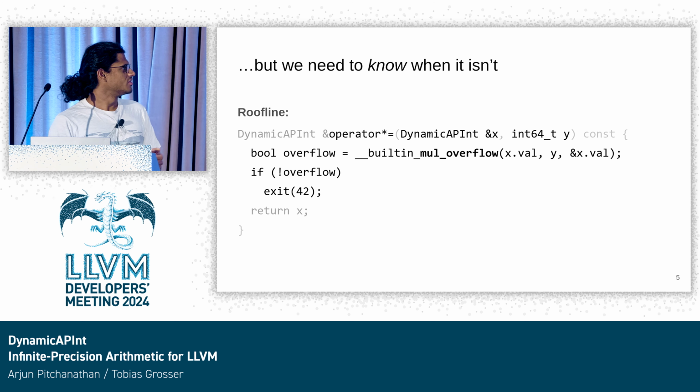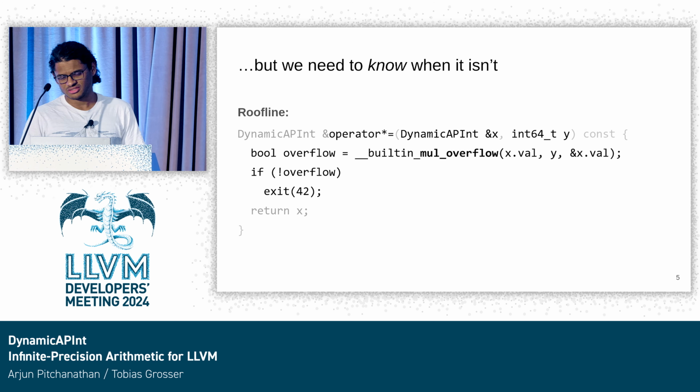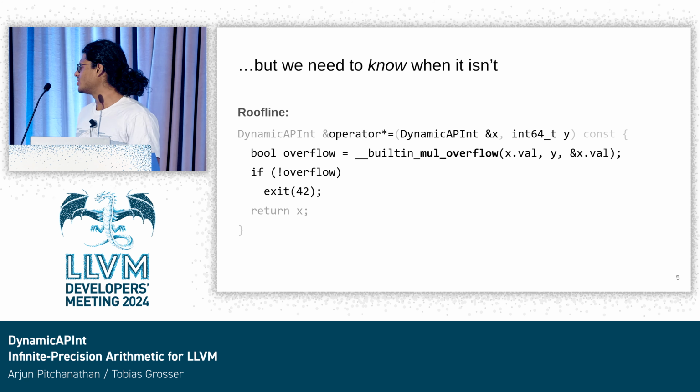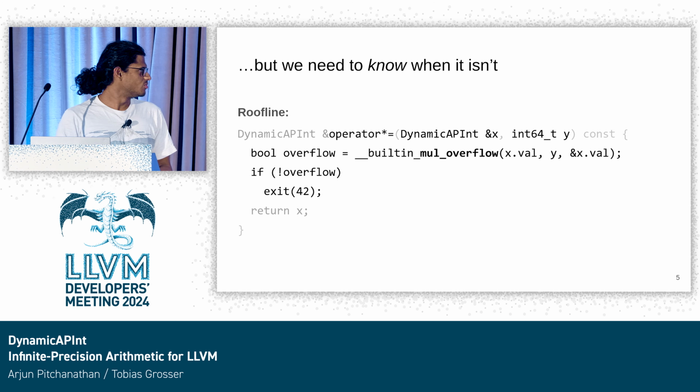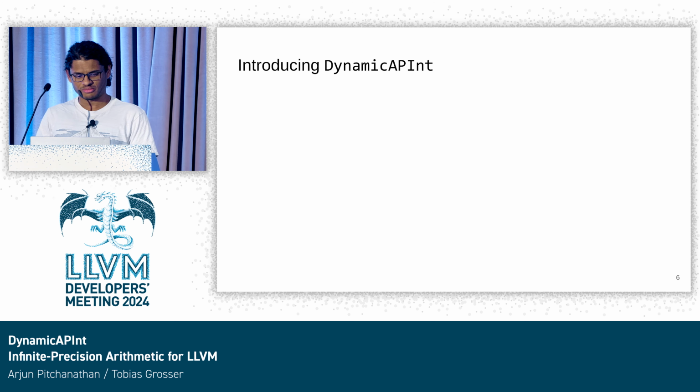But most of the time, you just store the value into x, because it's the multiply-equals operator, and it just works, and it's pretty fast, but it's not really production ready. So what we actually want is something that works almost as fast as this, ideally, while still being correct. So that's what we want to do with DynamicAPInt.